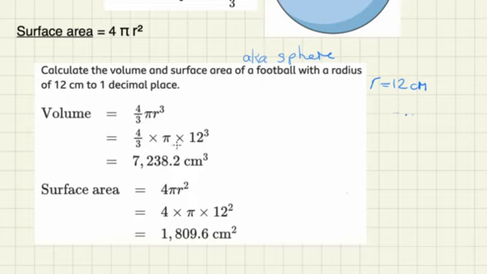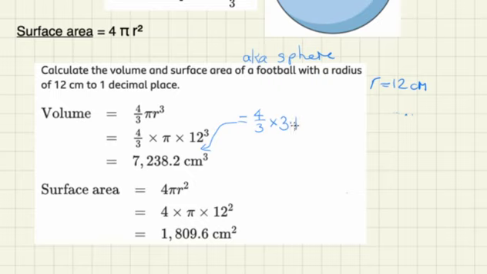So here it's expanded slightly: 4 over 3 multiplied by pi multiplied by 12 cubed. Now what I would do is have a number of different lines, giving a little bit more detail. So I would say 4 over 3 times, and then I'd put in a value of pi, 3.1.